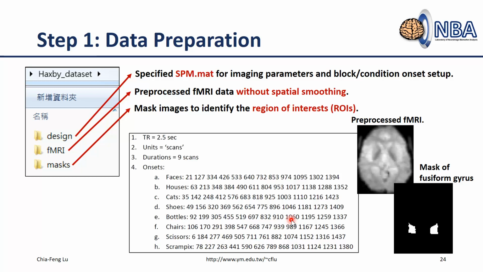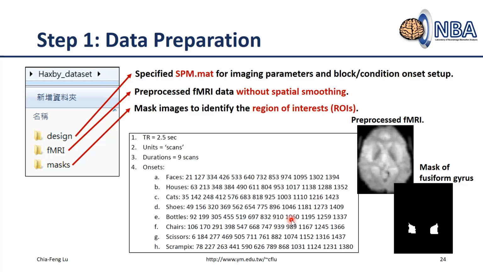So MVPA, sometimes we say this is brain decoding, right? When we say brain decoding, that means I don't want to decode a group of brains. I want to decode a single subject's brain. Or sometimes you may hear the term BCI, brain-computer interface. That means I want to focus on an individual's brain state, individual brain activation, or individual brain pattern to perform some kind of classification to trigger the computer response.